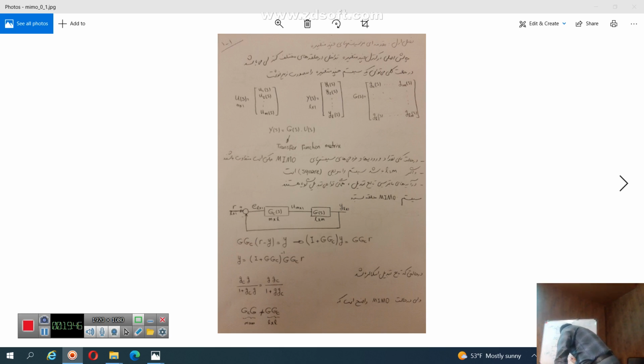I plus GC Y equal to GC R. Okay. Y equal to I plus GC inverse GCR. Okay? We cannot write like this.